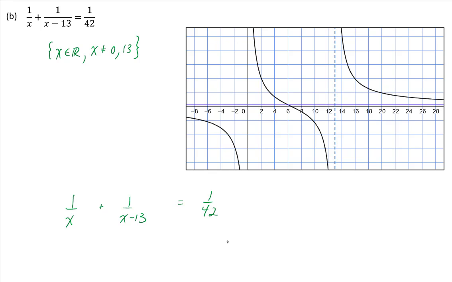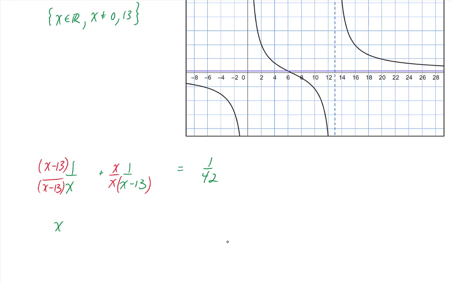The common denominator for the terms on the left side is going to be x(x - 13). So this rational term is missing an x - 13. And this rational term is missing an x, or a factor of x.